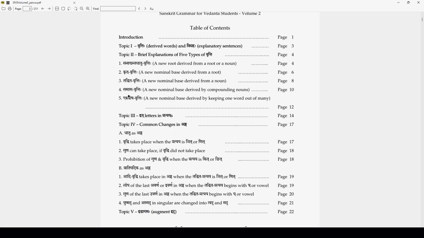The five types of deriving words from the verb root are shown here in this book in a simple way. So right now our focus in this course is the second one, krut vrittihi.